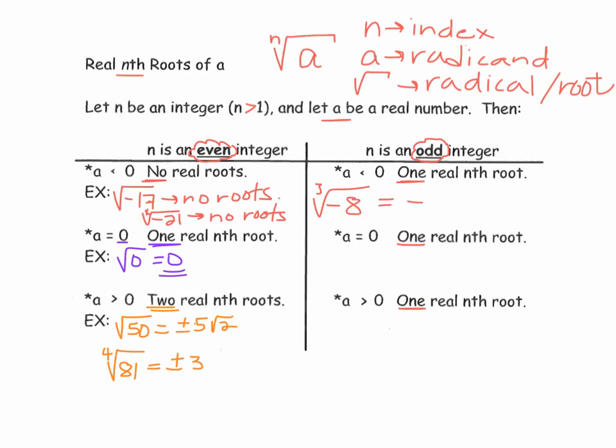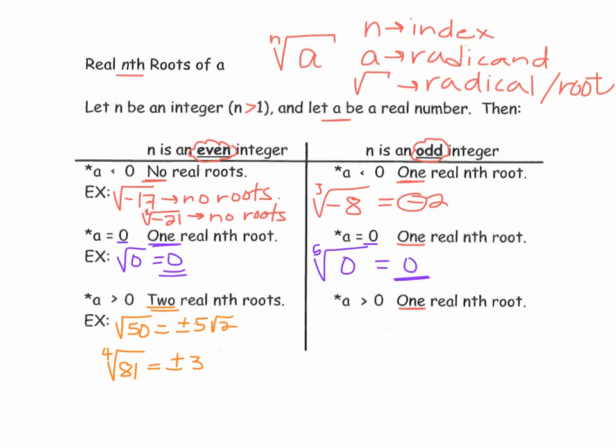That would equal negative 2. If you multiply negative 2 by itself 3 times, you'd get negative 8. And like the second one on the left column, if a is 0 and you take, let's say, the fifth root of 0, again, you're only going to get one answer, and it's just 0. So it's kind of a consistent solution.